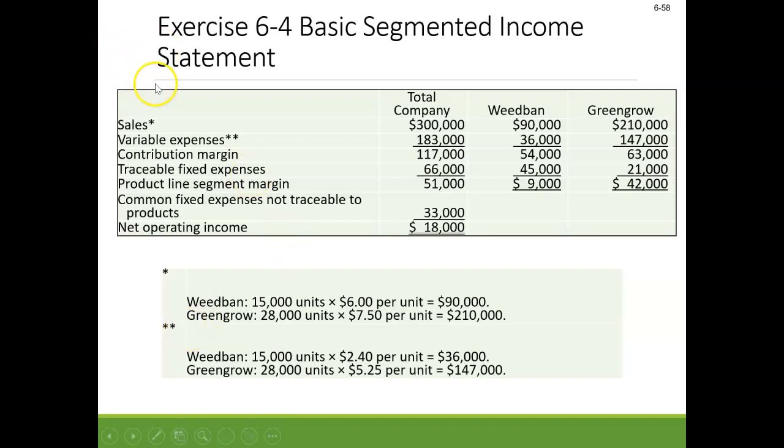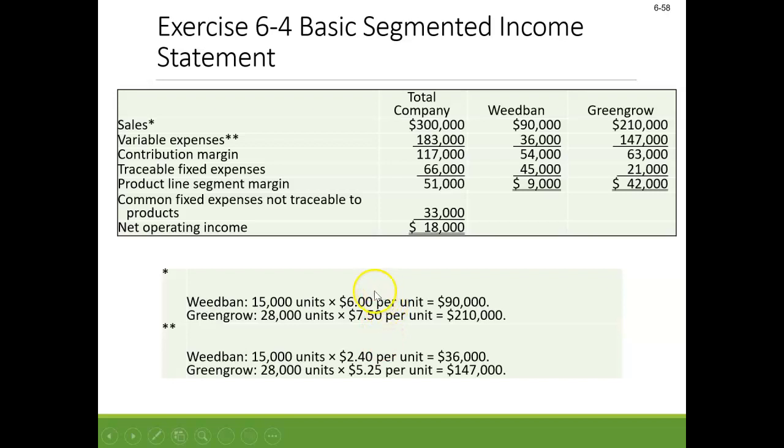We've got the sales showing here and the variable expenses showing here. Well, you can see their variable expenses for Green Grow is sitting at $525 per unit, where the Weed Ban is sitting at $240 per unit.